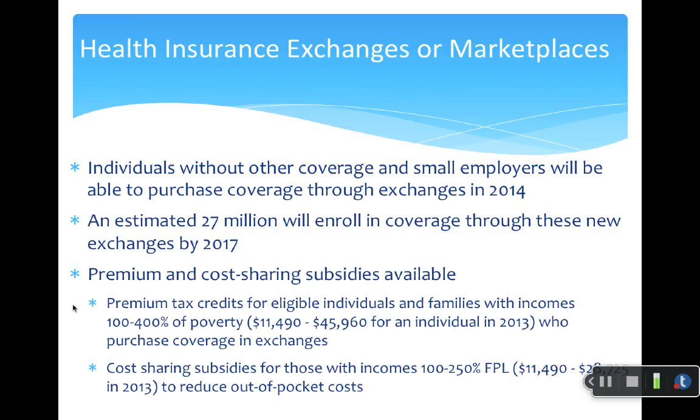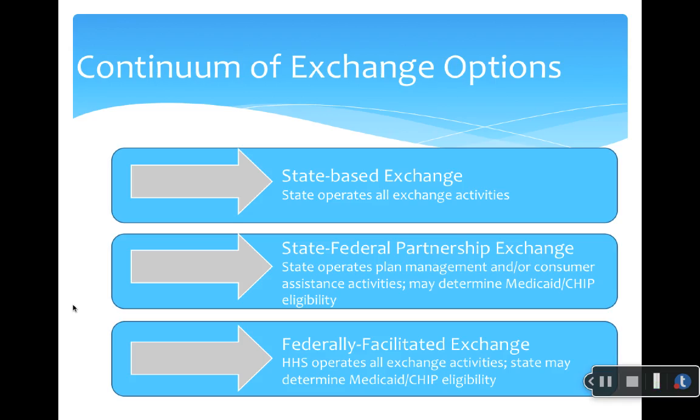Now, many of these plans are high deductible plans where you may have an initial $2,000 to $4,000 that you pay out of pocket. So if you're at the lowest level of poverty and you don't live in a state where you can be covered by Medicaid, you would be eligible to get some of these cost sharing subsidies and get some of those out-of-pocket costs back as well.